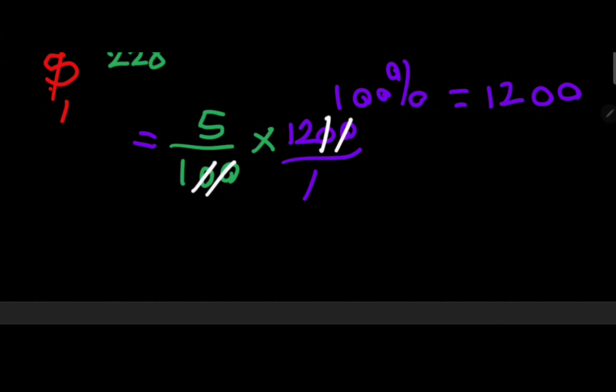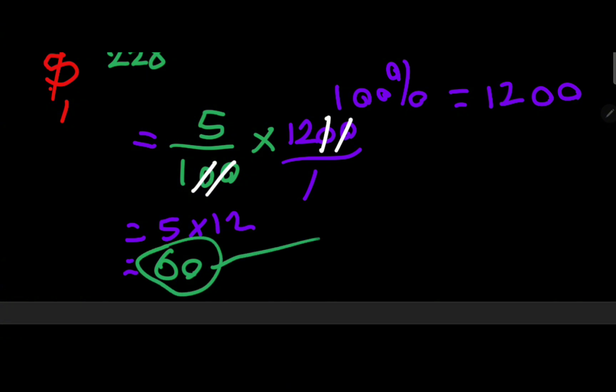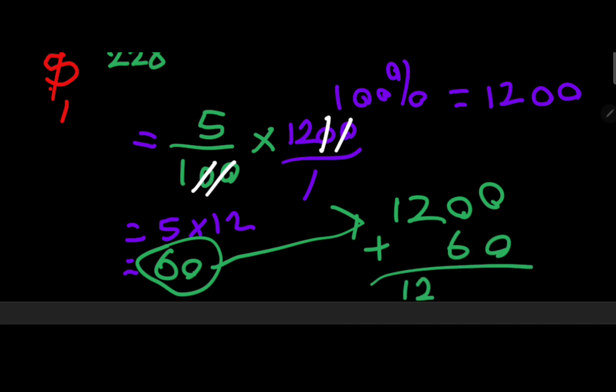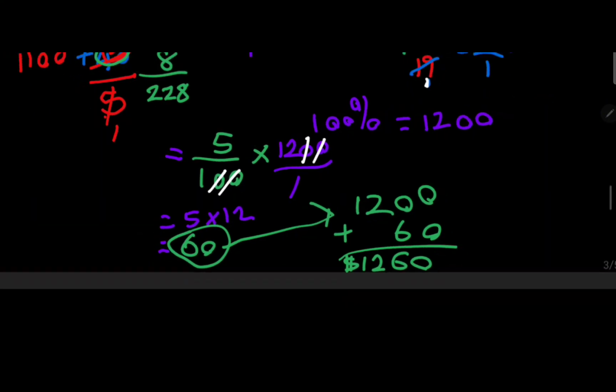So now all we are left with is 5 multiplied by 12, and we know that is 60. So then we take that 60 and add it back to the 1,200. So 1,200 plus the 60 is going to give us 1,260. And we can do it that way.